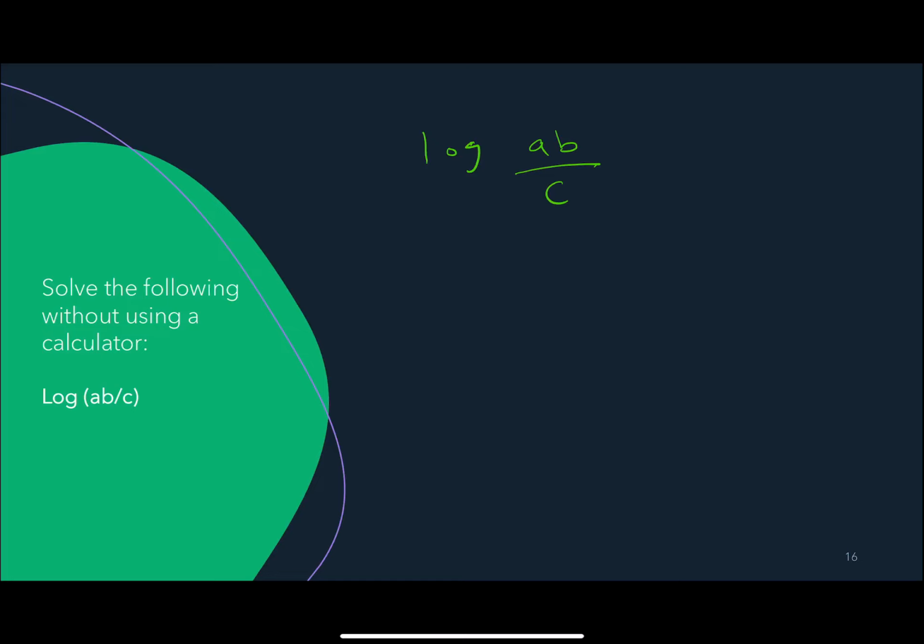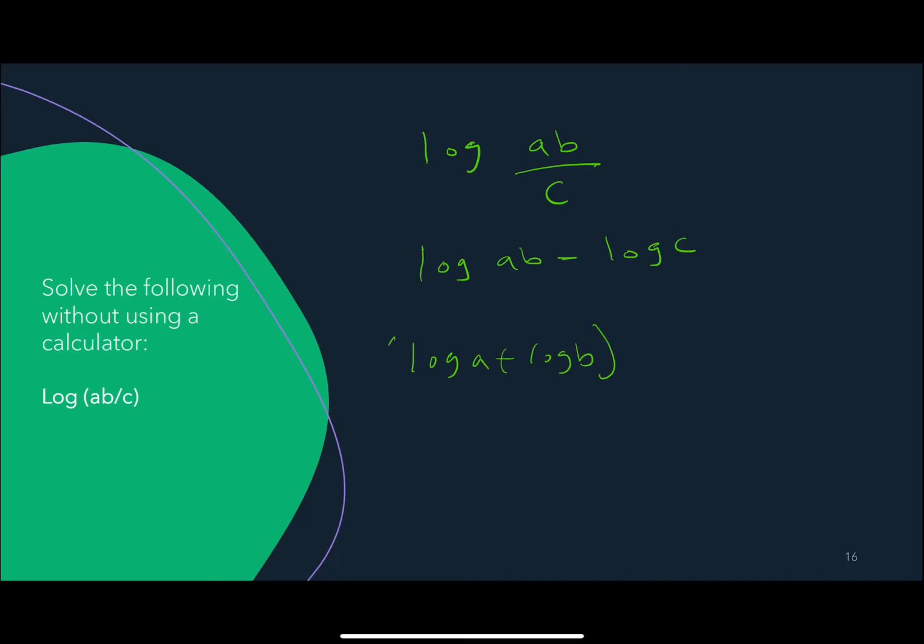Okay, we have the last question here, which says log of ab over c. In this case, like we said before, you have division. So the division becomes subtraction. So you can subtract the number. So log ab minus log c.